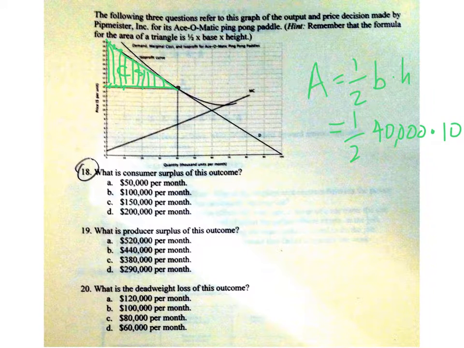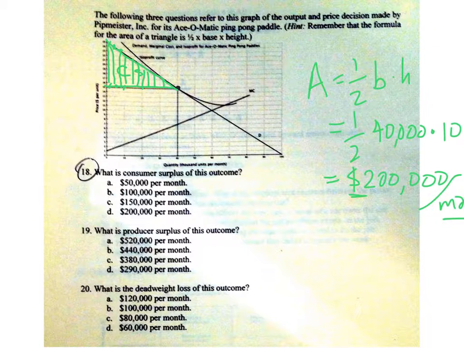So we're left with 1/2 times 40,000 times 10, that's 20,000 times 10, that's $200,000 per month.